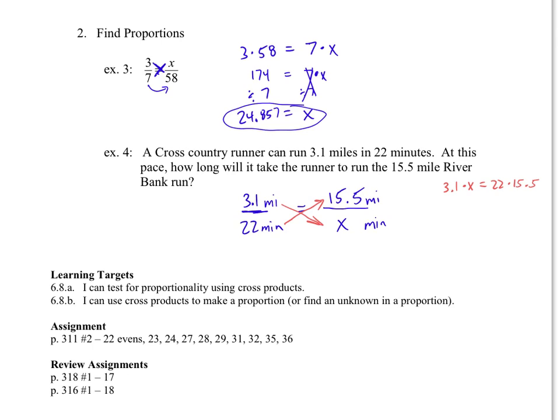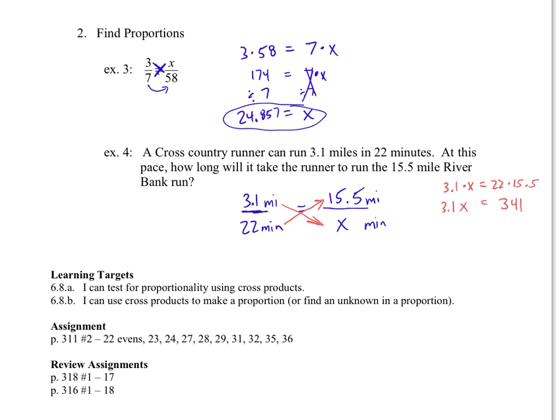Does anyone else have questions on where I got those numbers from? Okay. So now you can do some math here. Can you do 22 times 15.5? 341. So 3.1x equals 341. Luke, how do I solve this for x? How do I get x all by itself?